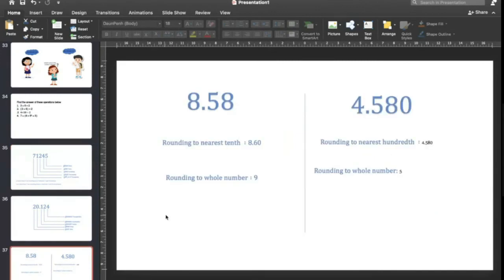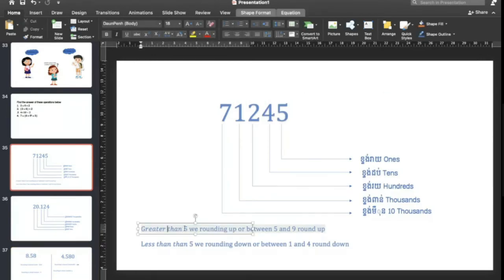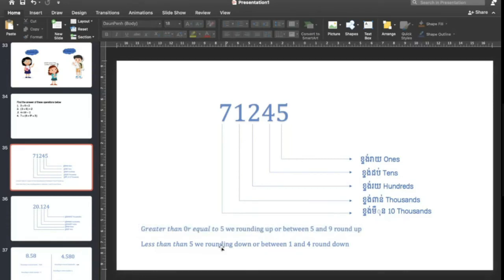Why do we round up? Equal to 5, I mean, from 5 to 9, meaning greater than or equal to 5. Yeah, I think we should put equal, right? Yes, greater than or equal to 5. Thank you, teacher. Any other question?